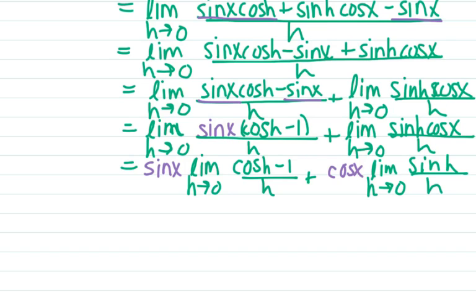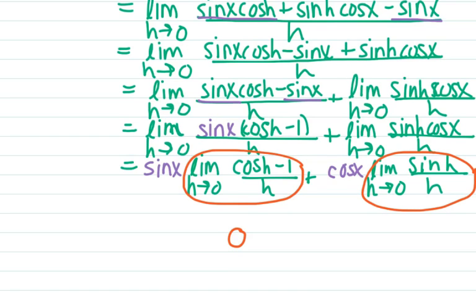Alright. Now what does this turn into? Well, we have seen these before. This whole thing, the limit as h approaches 0 of cosine h minus 1 over h, that equals 0. And the limit as h approaches 0 of sine h over h, that is 1. Those were our special trig identities from back in the limit unit.